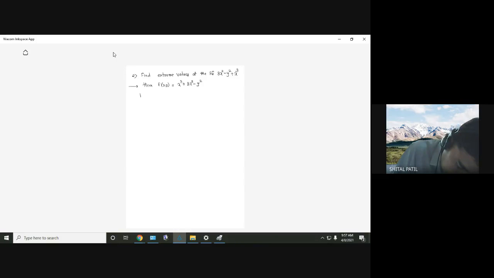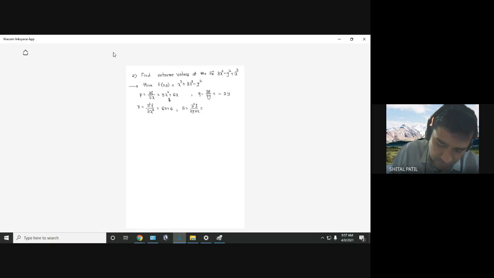Now differentiating partially with respect to x and y. Del f by del x: 3x square plus 6x. r is del square f divided by del x square, so derivative of this term with respect to x again. s is del square f divided by del y del x.